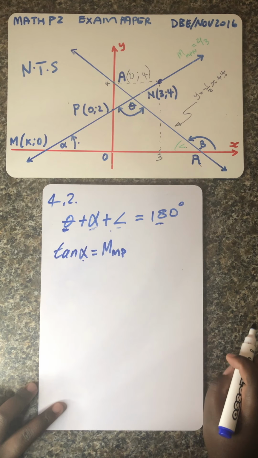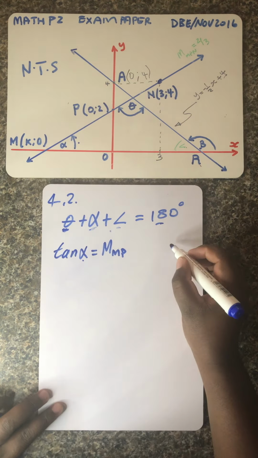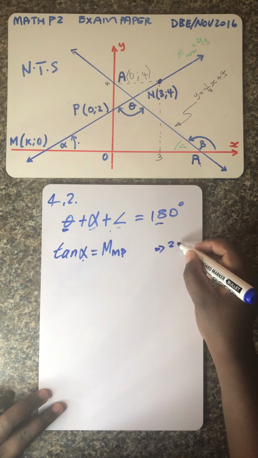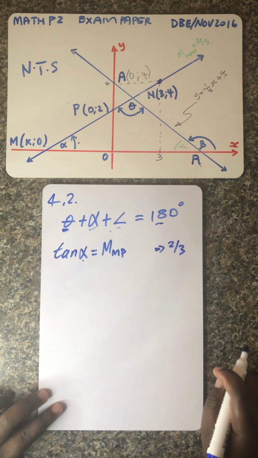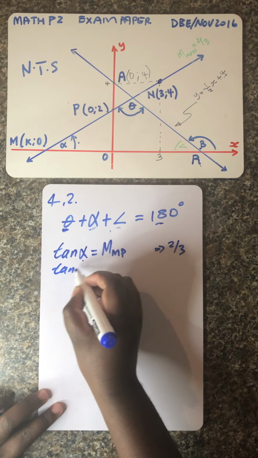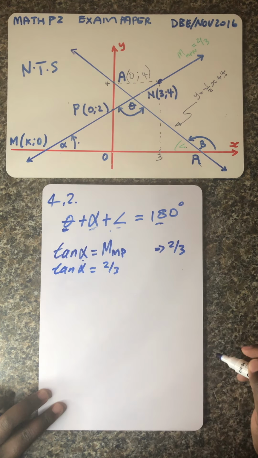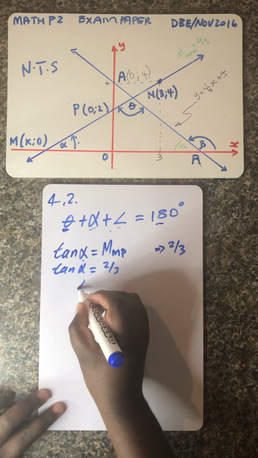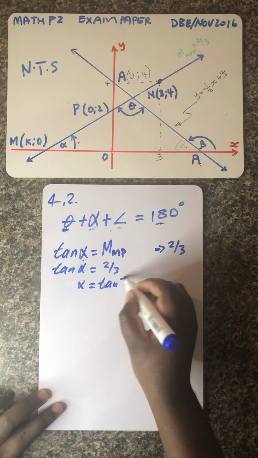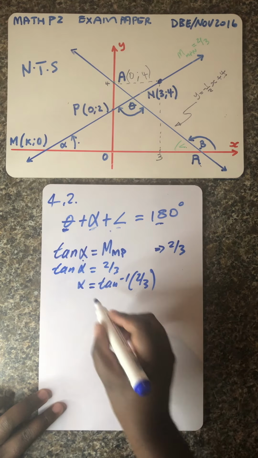Remember, we've just calculated the gradient of that line, which is 2/3. So that means we can now say tan theta is equal to 2/3. Obviously that means theta will be equal to the inverse tan of 2/3.